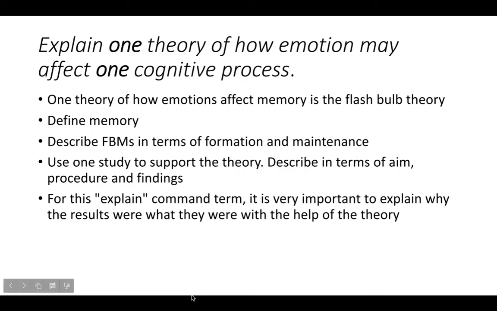Okay, so for example, we can explain that there was personal relevance and distinctiveness for people in the African American community in relation to Martin Luther King's assassination, because he was a very important part of the civil rights movement, and this was important to them as opposed to the Caucasians.